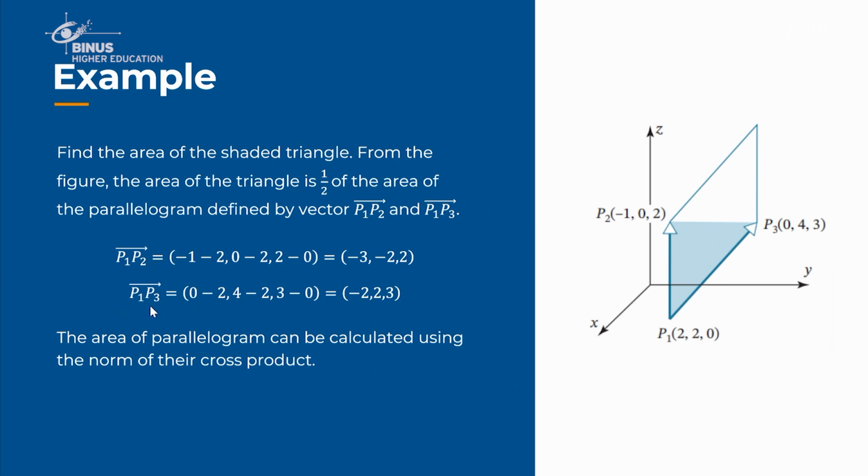And P1P3 we can calculate in a similar way: (0 - 2, 4 - 2, 3 - 0), or (-2, 2, 3). The area of the parallelogram can be calculated using the norm of their cross product.